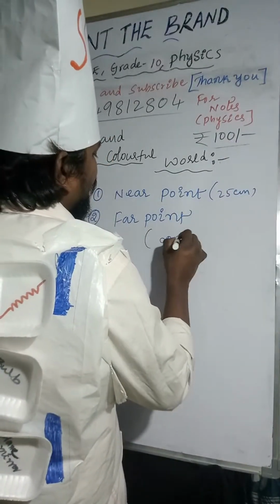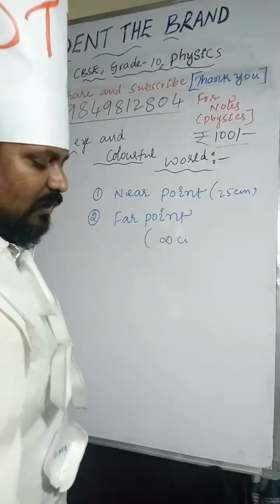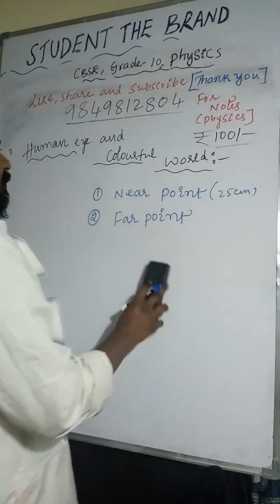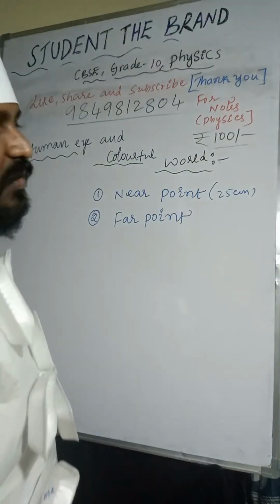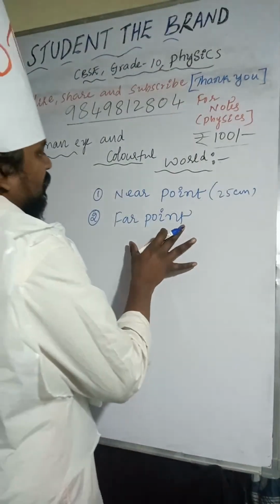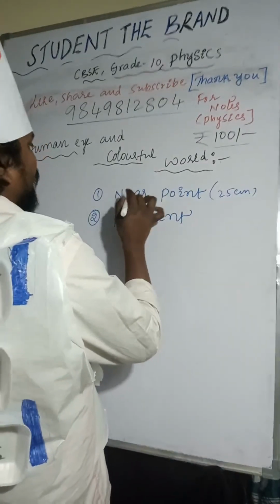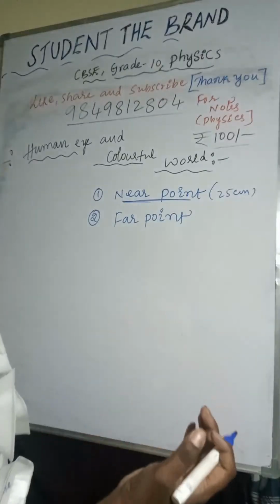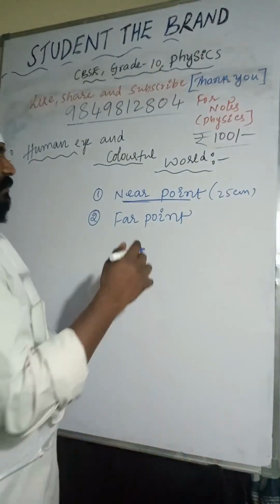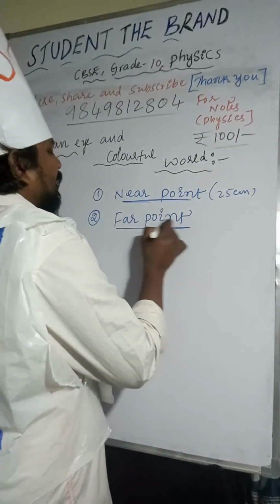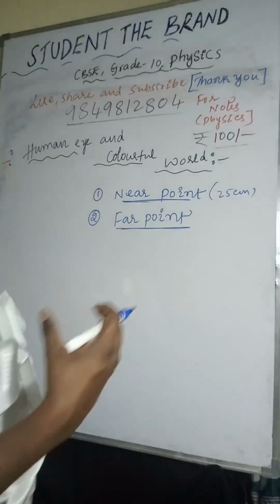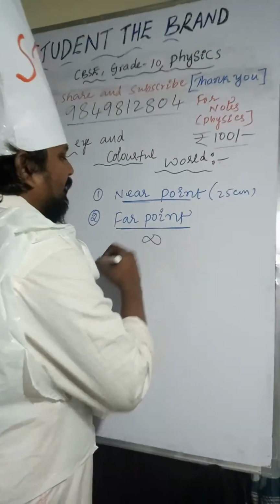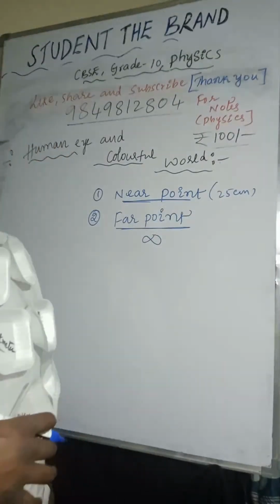Coming to the far point, it is the maximum distance up to which a person can see clearly. That is called the far point. So the far point is infinity and the near point is 25 centimeters.